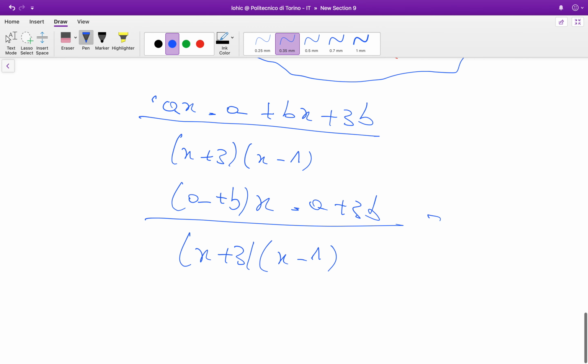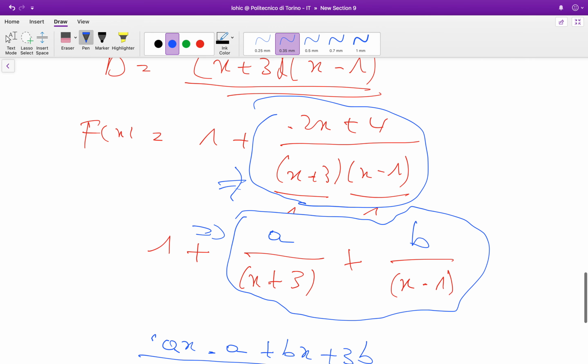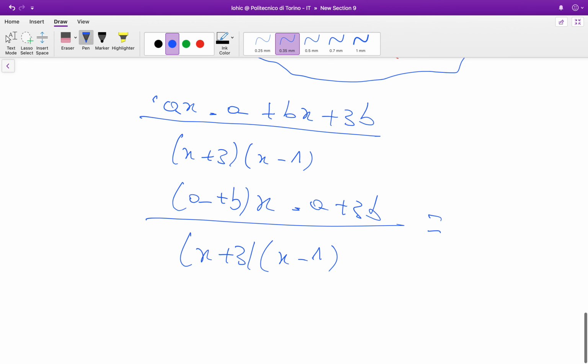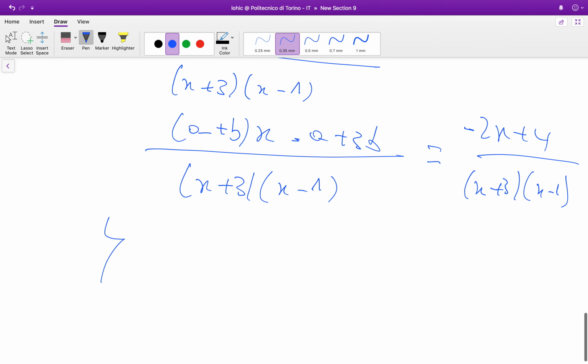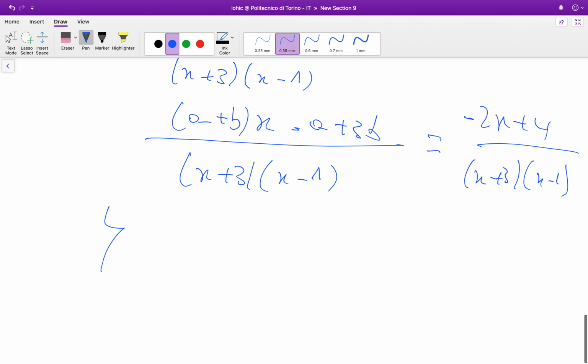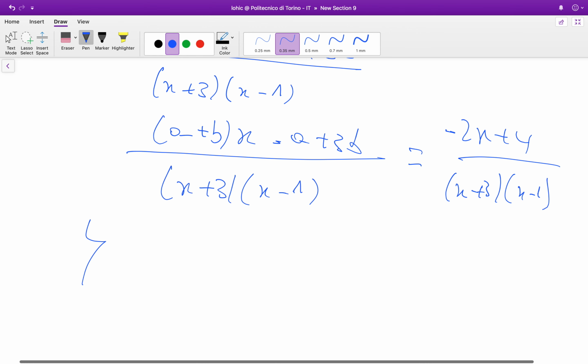But you want to identify this with minus 2x plus 4, divided by x plus 3 into x minus 1. For this to happen, a plus b should be minus 2, and minus a plus 3b should be 4, right?